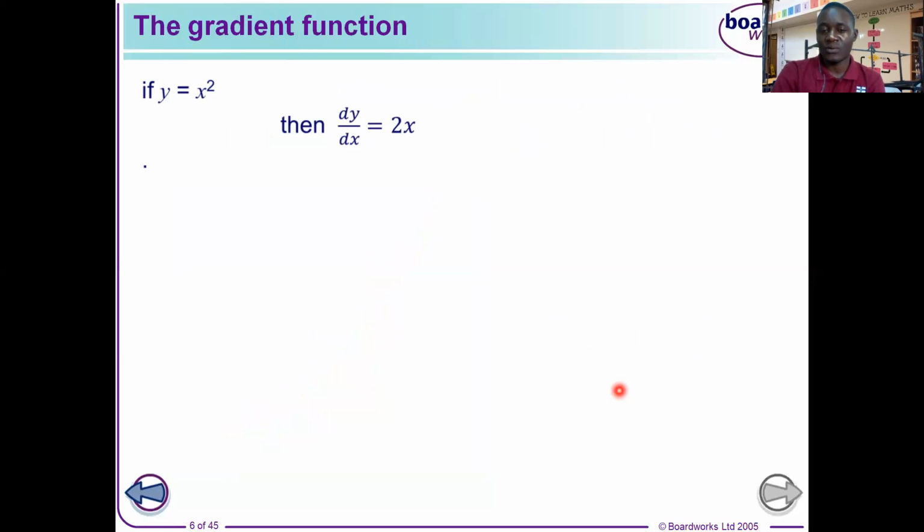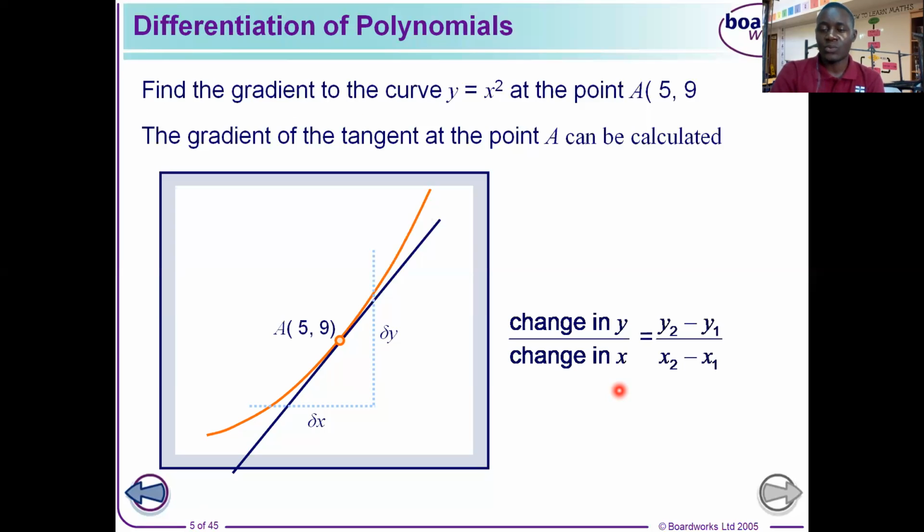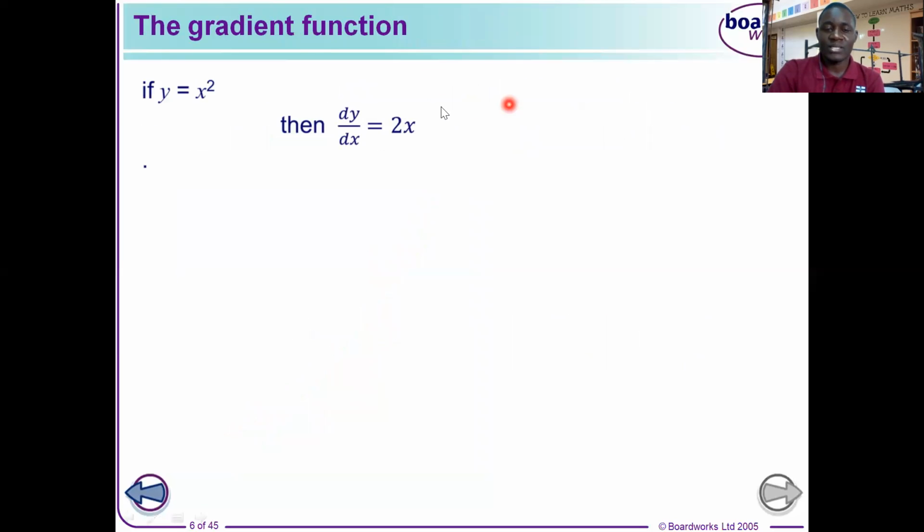So we have no need of drawing the curve. How do we go about it? First thing is to find the derivative of the function y equal to x squared. So what is dy/dx? When y equals x squared, dy/dx is 2x. The derivative is 2x. Remember, this is the gradient function.